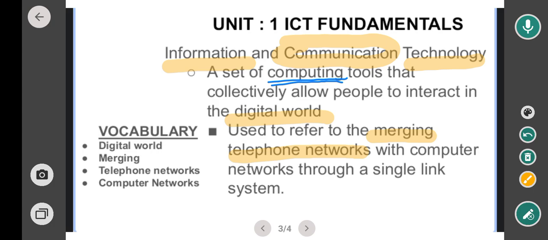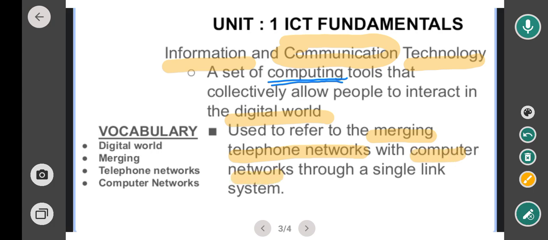It means that in one single telephone set we make calls to our neighbors, our relatives, our contacts to share our information and communication. So ICT performs its function by merging the telephone networks with computer networks.